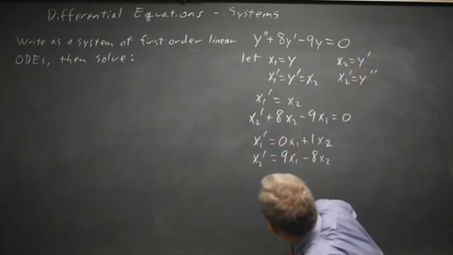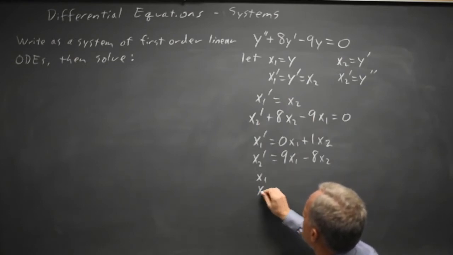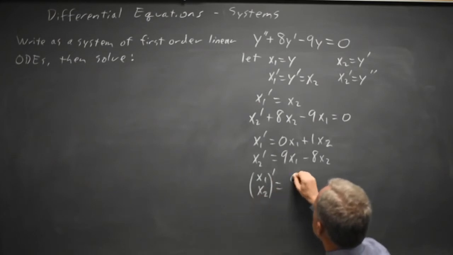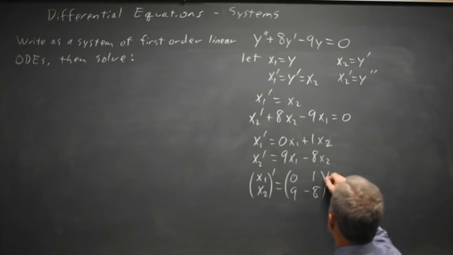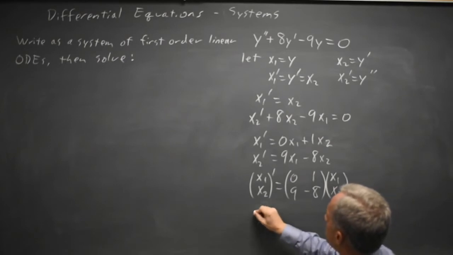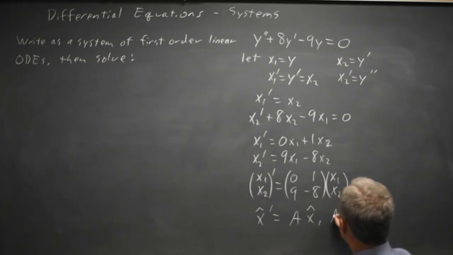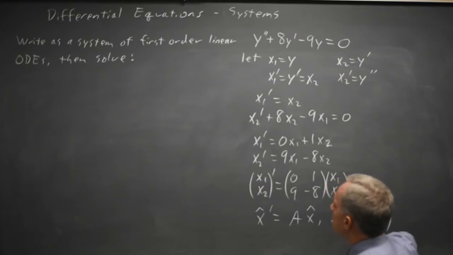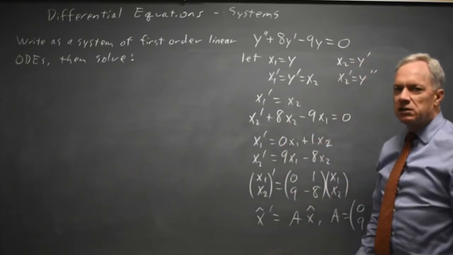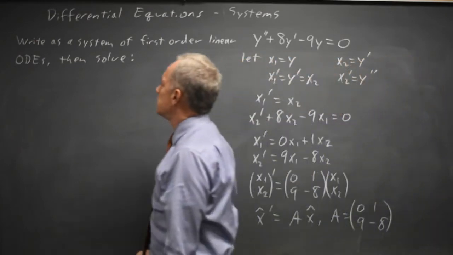This can be written in matrix form as the vector x1, x2 prime equals the matrix 0, 1, 9, negative 8 times the vector x1, x2, or just vector x prime equals A times vector x, where matrix A is 0, 1, 9, negative 8. And typically we'll solve the system of equations x prime equals Ax, where A is a specified matrix.